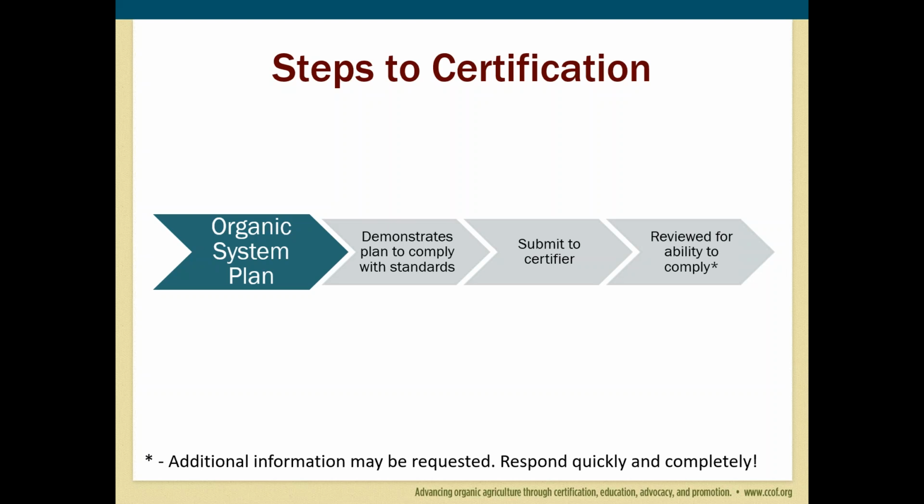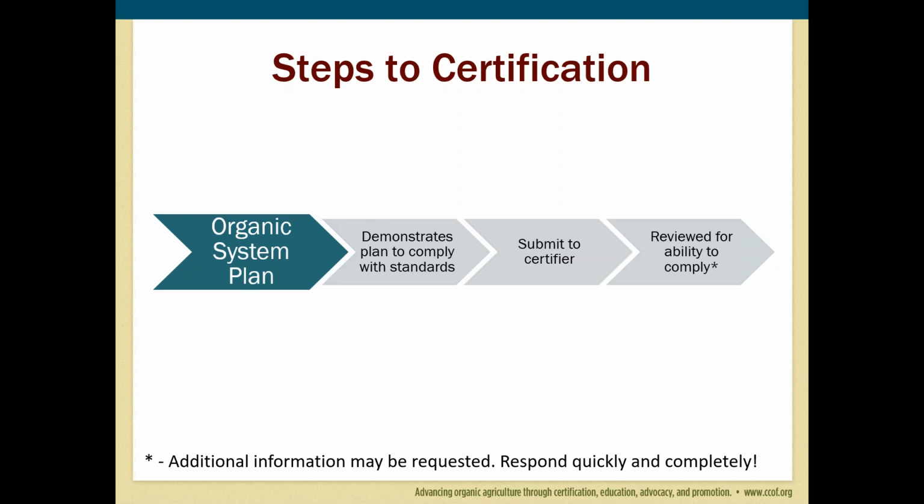Then the certifier is going to do a preliminary review of the application to confirm that you appear to have the "ability to comply." I'm saying that part in quotes because it's exactly what the regulations say, and though it may sound vague, there's a really important reason we do that preliminary review. It's key to making sure that an applicant who's not yet ready for the inspection doesn't move on to that stage.